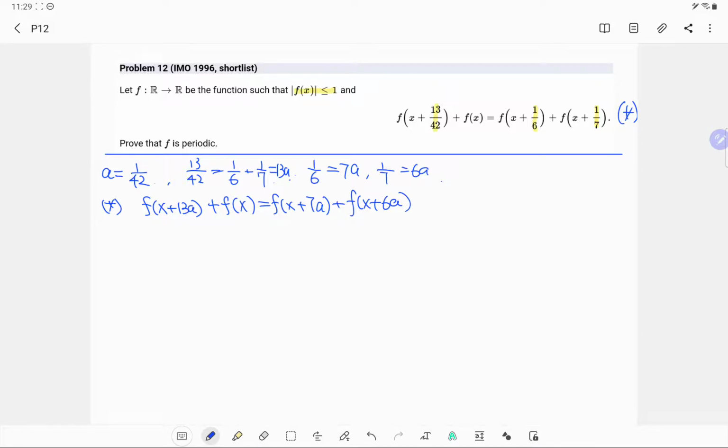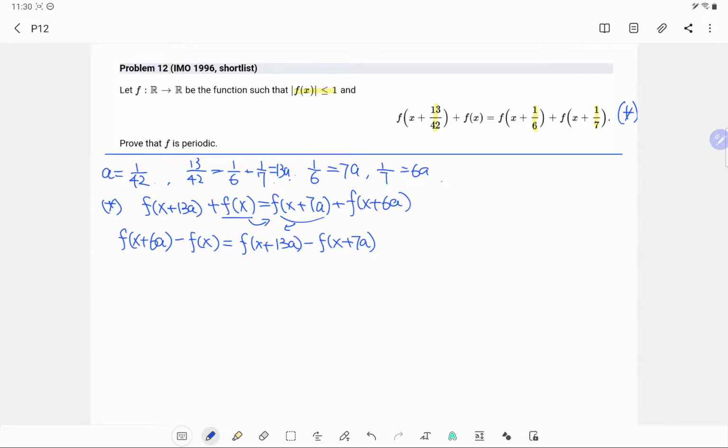Actually, we can try to rearrange the terms: we move this term to the right-hand side and this term to the left-hand side, so it will be f(x + 13a) - f(x + 7a).